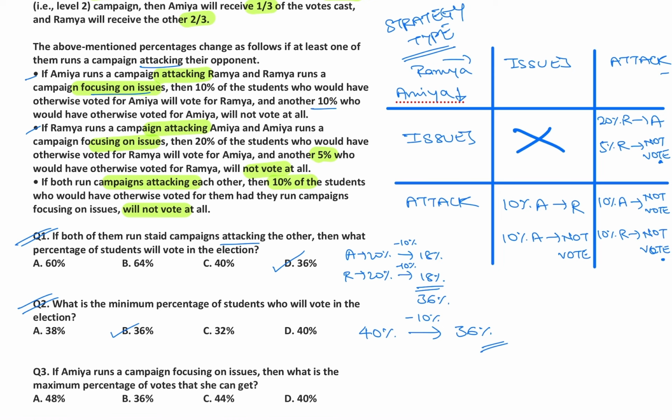So, okay, I don't have to do anything with that. My important point that I have to focus on here is that 20% of Ramya will get redirected to A. So I'll look for a case where I already have a high voter turnout for Amya, and along with that, I'll have a high voter turnout for Ramya, so that when the 20% of Ramya gets added to Amya, I'll have the maximum percentage of voters, right?